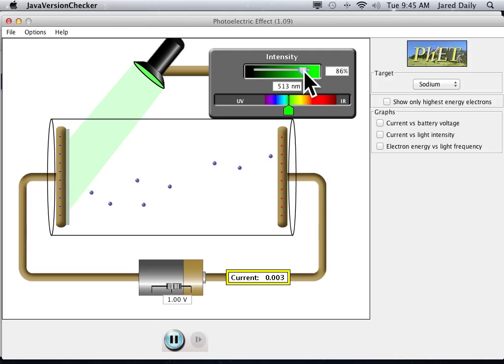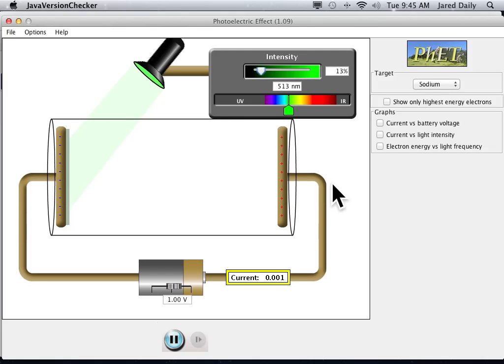However, there's something else that's interesting. Let's turn our intensity to a nice constant, so we get a nice constant current that's not very big. Now, according to science of the times, the intensity was the thing that determined how much current you would get jumping out of it.